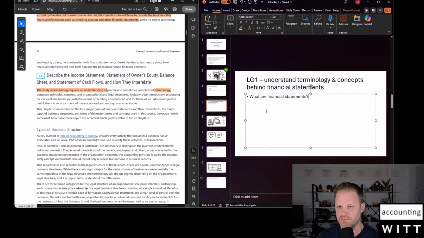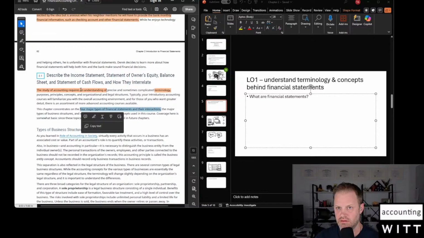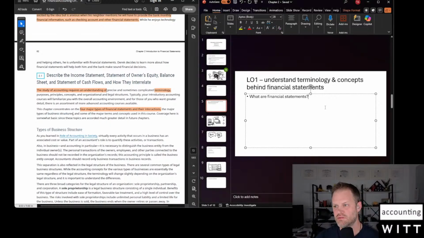You've got to learn those 4 major types and their interactions. Then you've got to know business structures. I'm wondering why business structures are thrown in here.